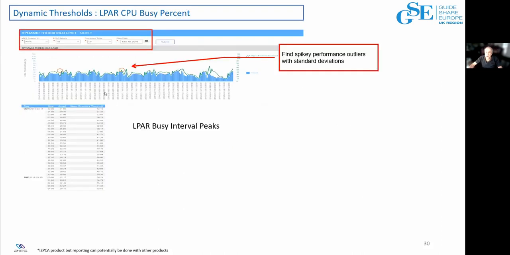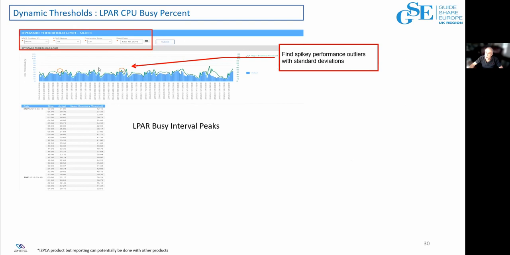Here's another example of a dynamic threshold, LPAR CPU busy, where we had an alert. When you see these alerts, it might be useful to look at the incident tickets to see if there were any during these intervals.